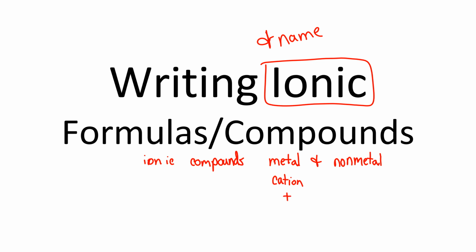So metals tend to form positive ions. And just for funsies, what do we call that positive ion, the way it's spelled? It's a cation. And then nonmetals tend to form negatives.